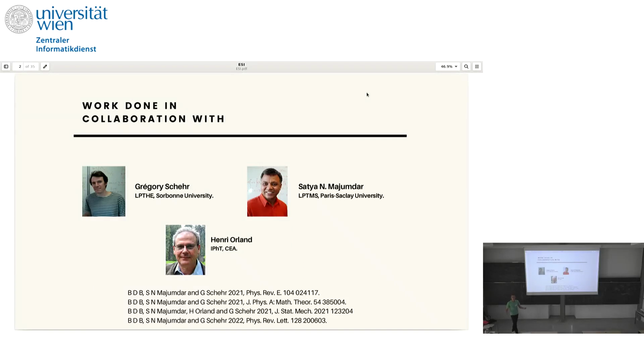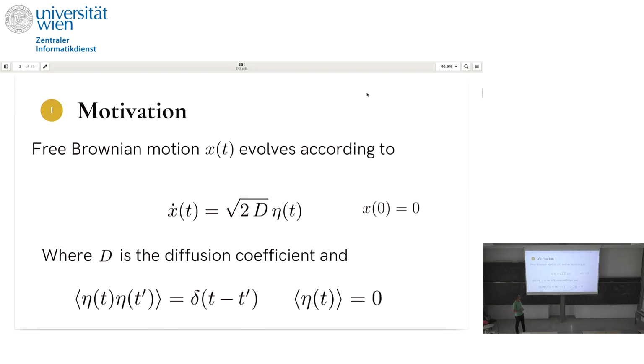But first of all, let me give you a bit of motivation. Free Brownian motion in one dimension is a stochastic process whose position x(t) evolves according to this equation, dx/dt = sqrt(2D) η(t), with some initial position which we set to 0 for simplicity. D is the diffusion coefficient, and η is Gaussian white noise with 0 mean.